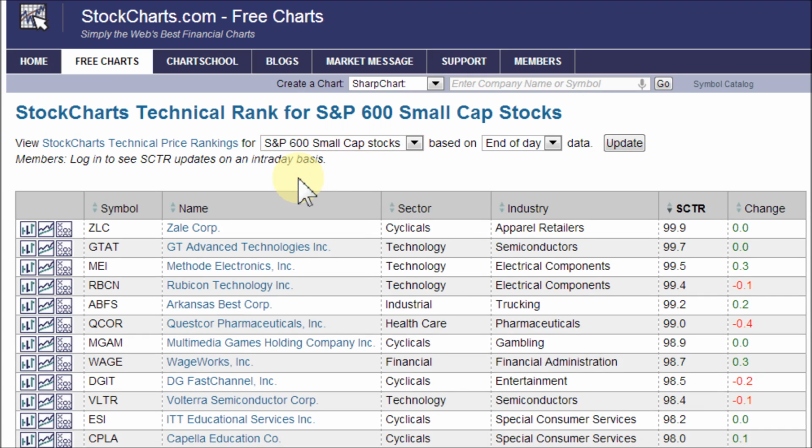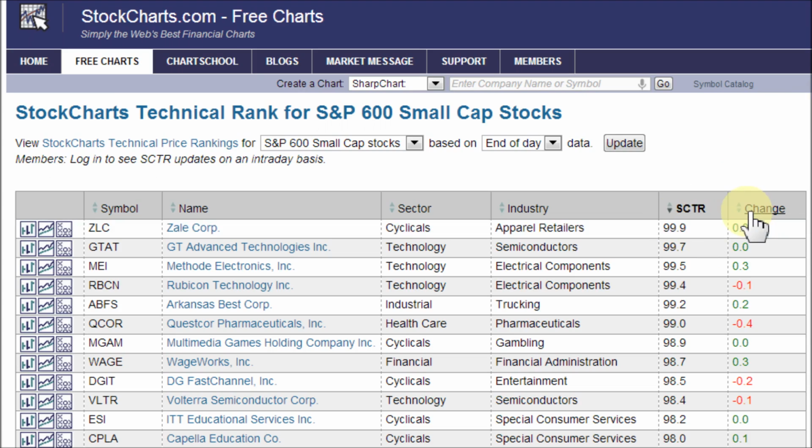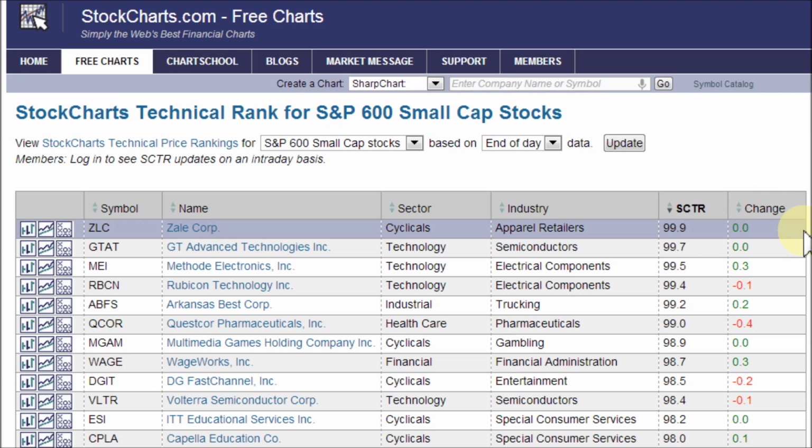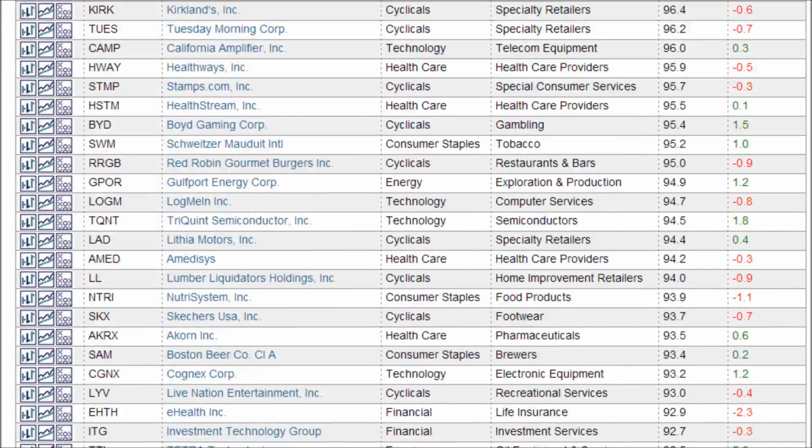This is a list of 600 stocks from top to bottom according to SCTR rankings. It also shows the percentage change on the day, either up or down, for each stock.